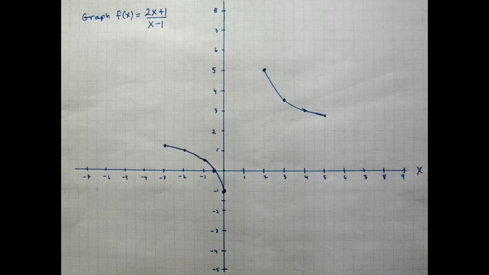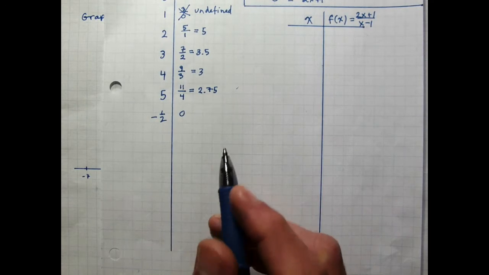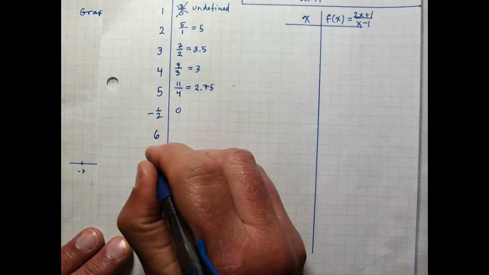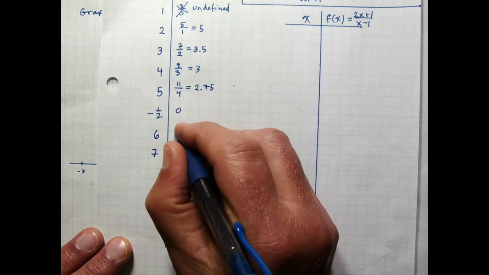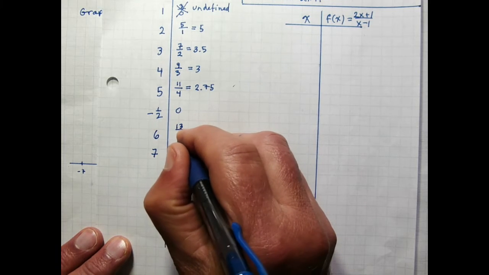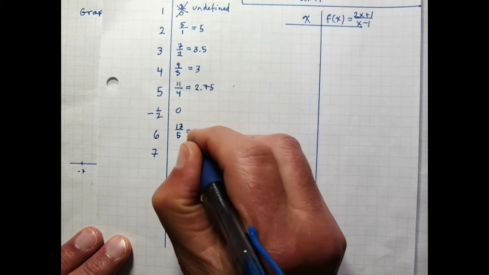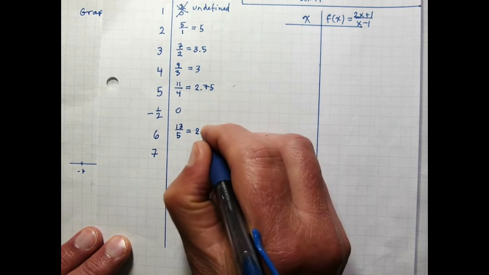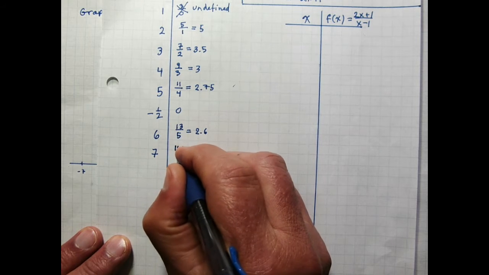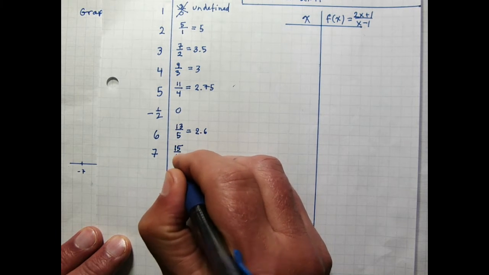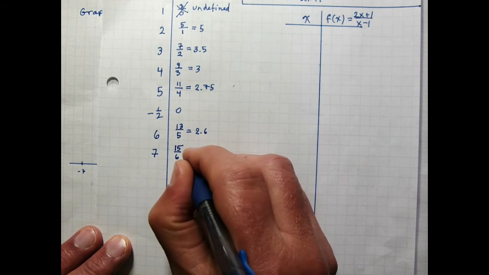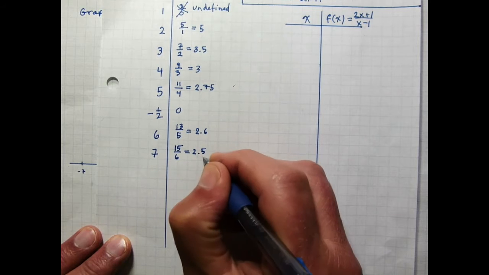And so what I'm going to do is calculate a few more positive values. 6, 7 I might plug in for x. 2 times 6 is 12 plus 1 is 13 over 6 minus 1 is 5. 13/5 I think is 2.6. If I plug in 7, I get 2 times 7, 14 plus 1 is 15 over 6. 15/6 is 2.5 exactly, right?